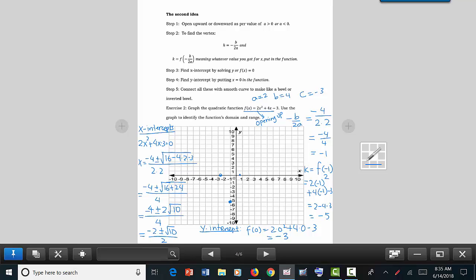So negative 3 is the point where the graph crosses the y-axis, and that's why it is called the y-intercept. Now we have all the information, simply join them by the parabola curve, and that is the final answer.